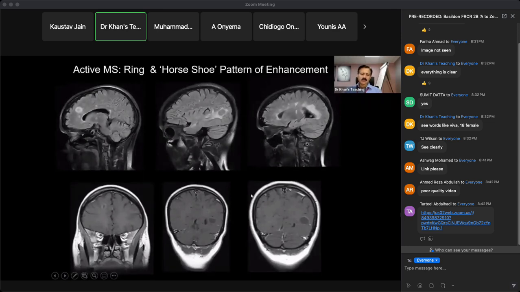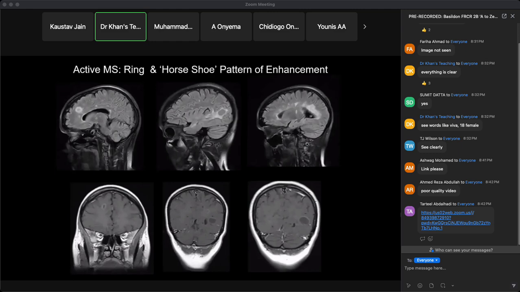Now comes the role of contrast. It was correctly pointed out that I will use contrast, because I told you that hypothetically in the case which I showed you, there was no enhancement. But now there can be enhancement in active plaques of MS. Our criteria is there should be enhancement.